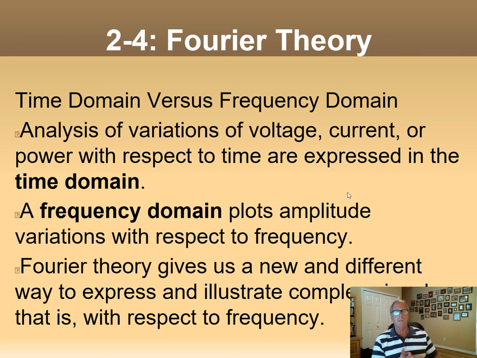So the frequency domain plots amplitude variation with respect to frequency. That is what is on our spectrum analyzers. A spectrum analyzer is basically a Fourier theory machine. It breaks the signal down into its frequency elements. So if you put a square wave into a spectrum analyzer, you're going to see the fundamental frequency, and you're going to see every odd harmonic.